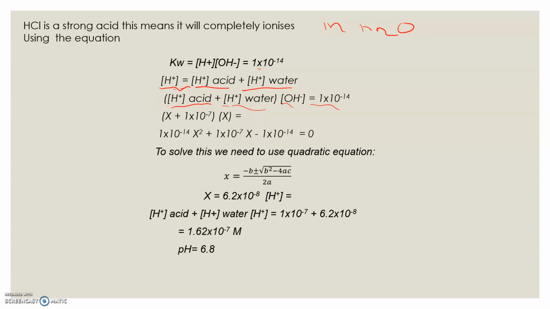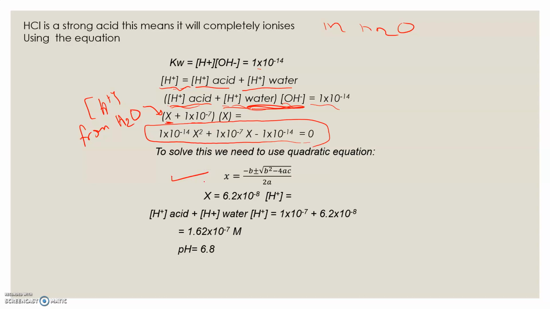I don't know how much comes from the water, but I know the acid, which is 1 times 10 to the power of minus 9, plus X, which is the hydrogen from water, times X, which is the OH. So this is actually a quadratic equation. It can be solved by the quadratic formula. Remember that rule you studied in grade 11 in math, I think. This is the x squared, this is the x, so this is our A, B, and C. Apply it to this and you have your pH.